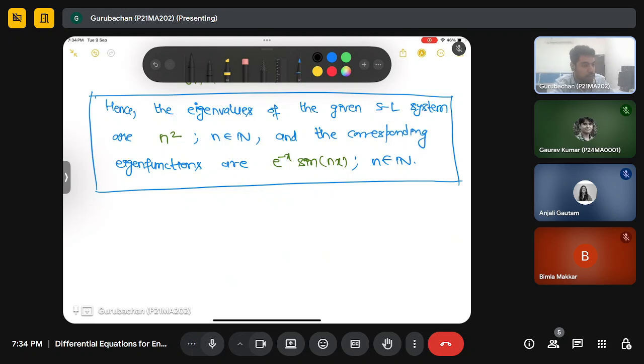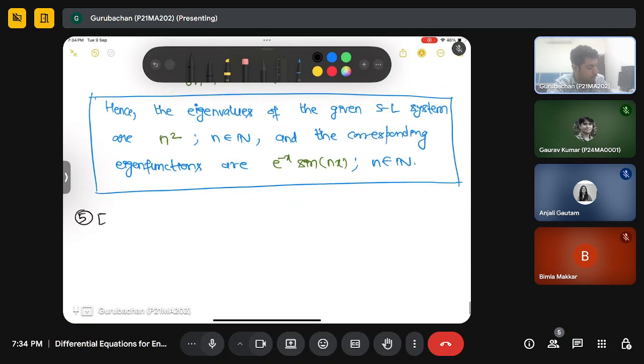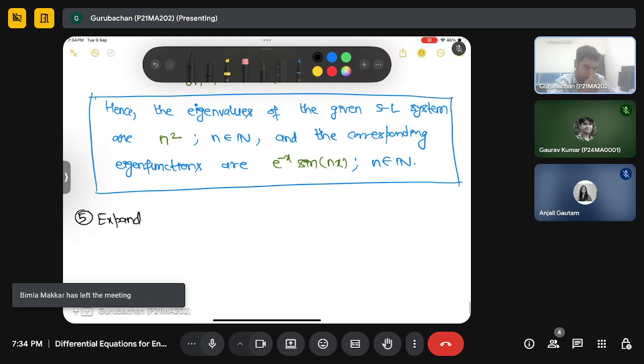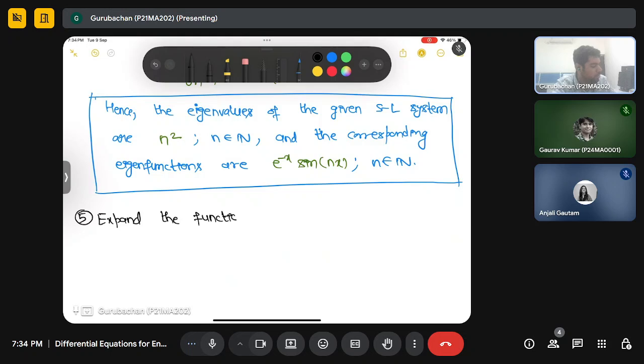In what way? So question number 5: expand the function f(x) equal to e^x in terms of the eigenfunctions of problem 3.